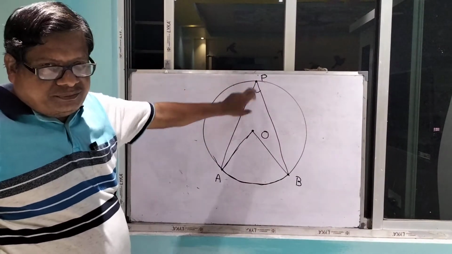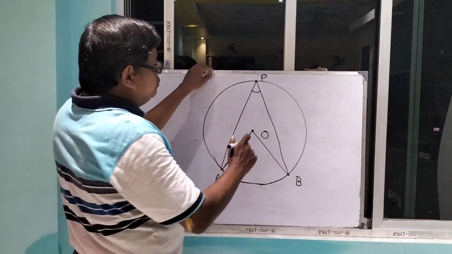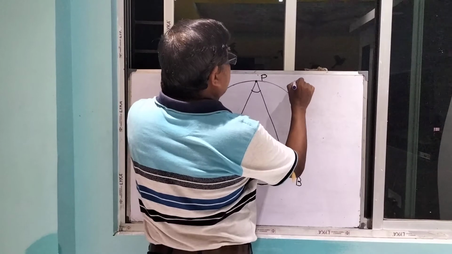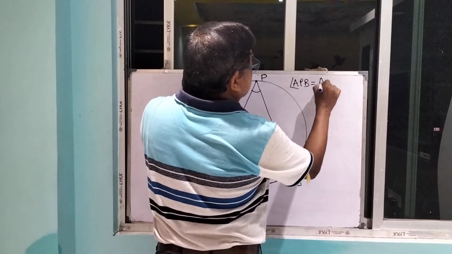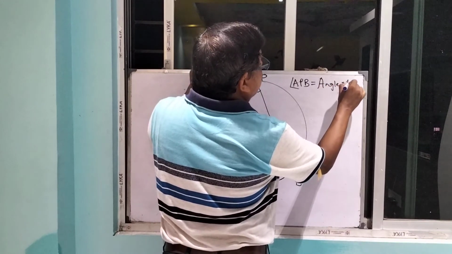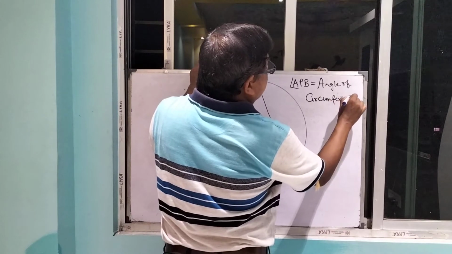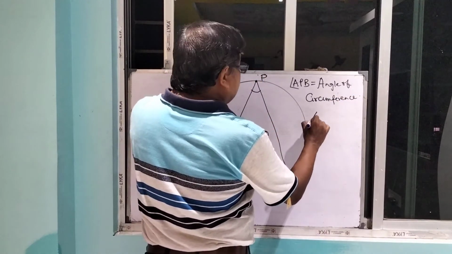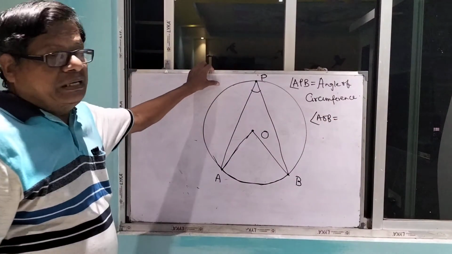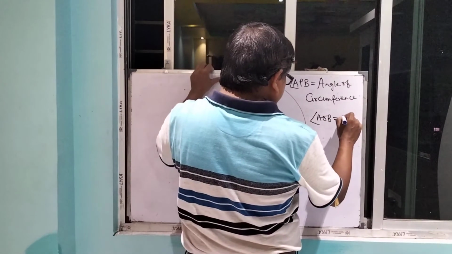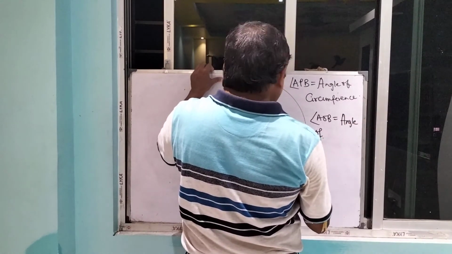So this angle is known as the angle of circumference. APB is known as the angle of circumference, and AOB is known as the angle of center.